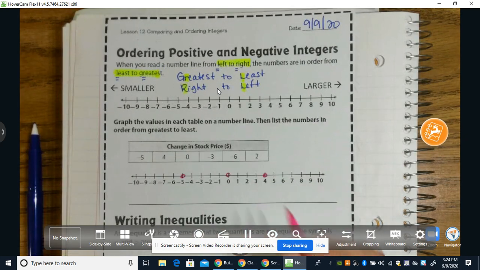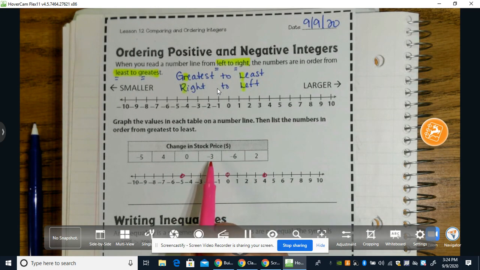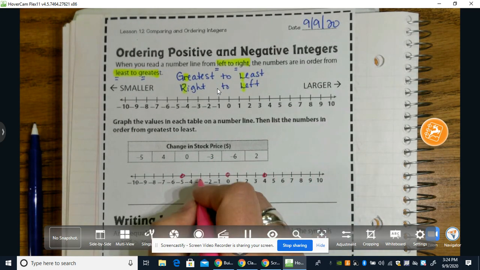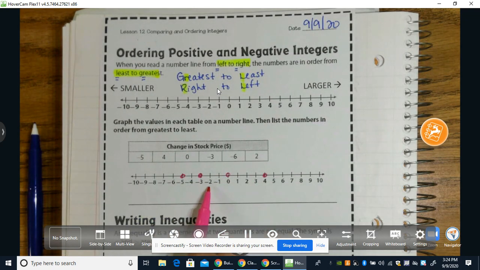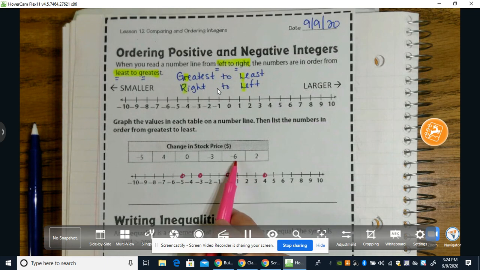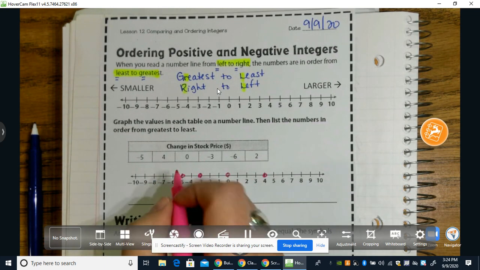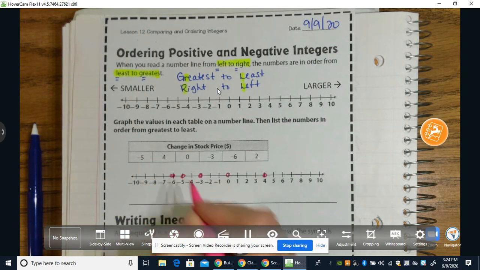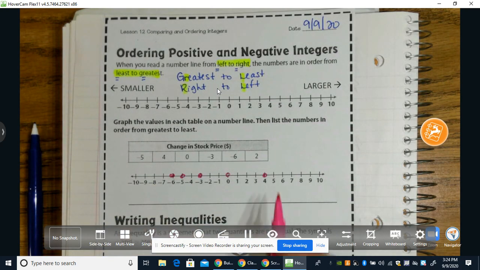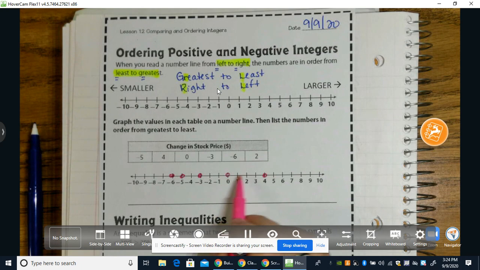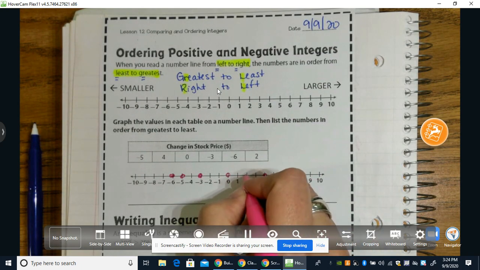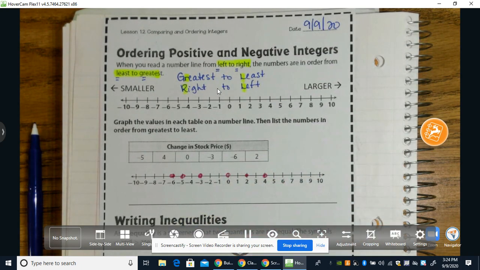Remember, 0 is neither positive nor negative, and it splits the number line into a positive side and a negative side. Next number is -3, and -3 is right here between -2 and -4 to the left of 0. We have -6, which is to the left of 0 beyond -5. And then we have +2, which is on the right side of 0 between the 1 and the 3.